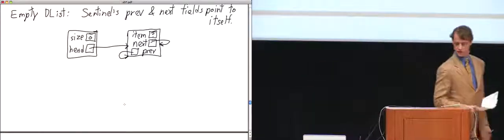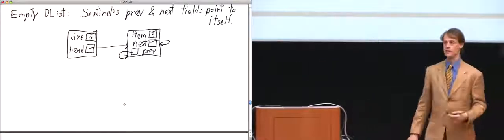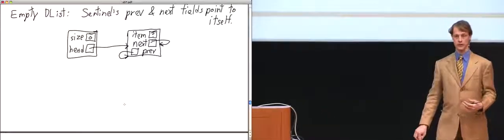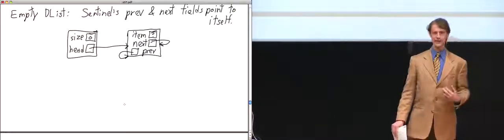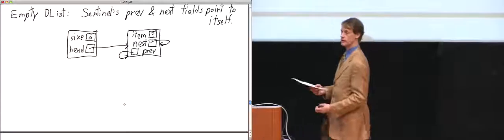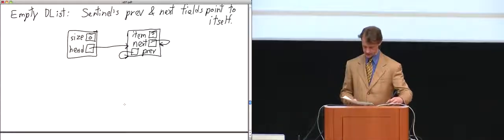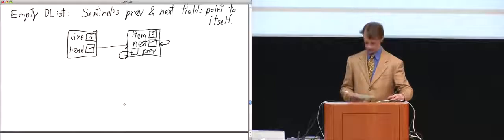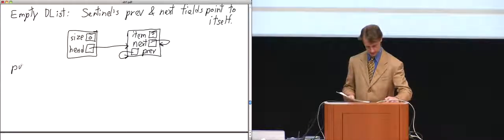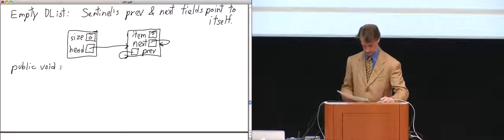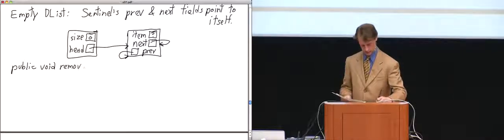Now, by way of demonstrating how the sentinel node makes it slightly less effort to write different methods, here is a complete correct method that removes the last item from a dlist in all cases. We're going to call this removeBack.